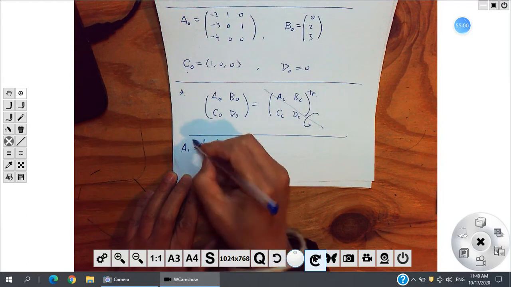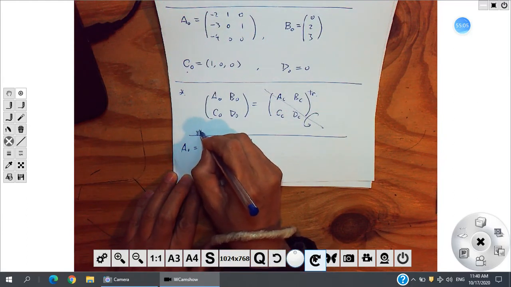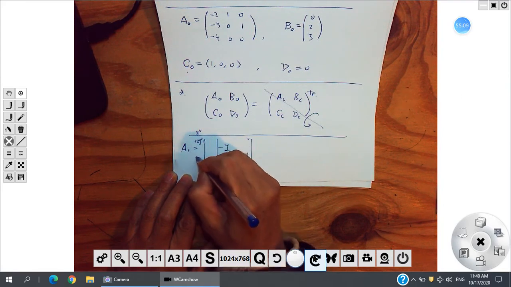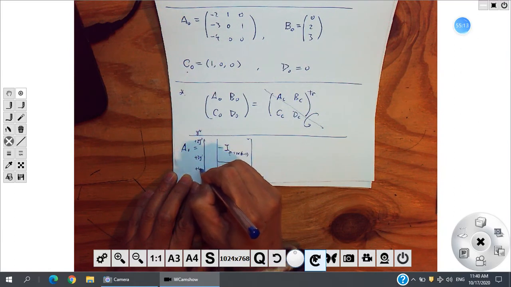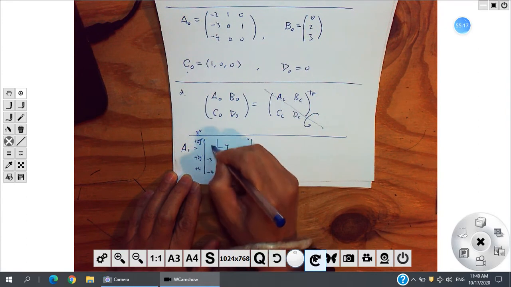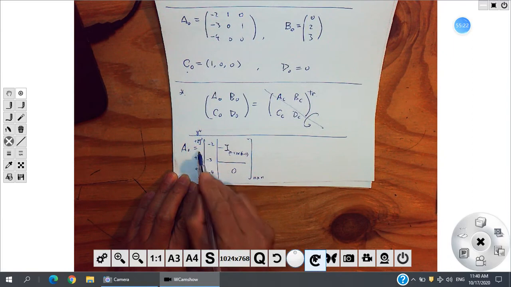We have y third order plus 2 y second prime plus 3 y first prime plus 4. Then here you have -4, -3, -2. These coefficients go to here.